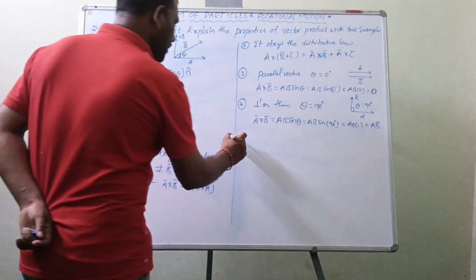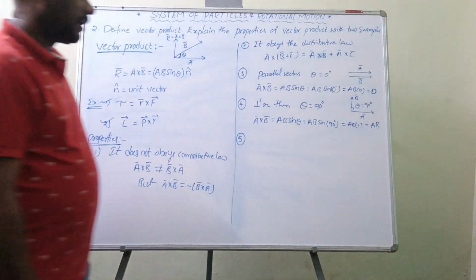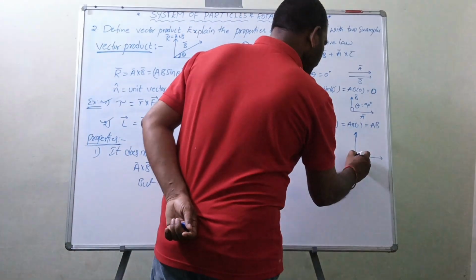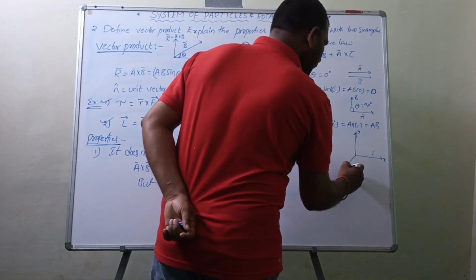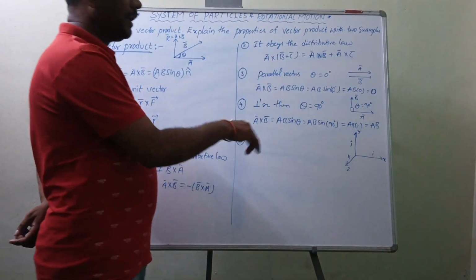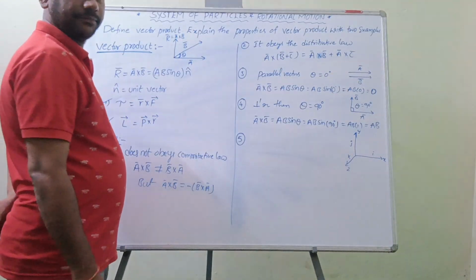And the last property, the fifth one. If vectors are mutually perpendicular, suppose we take the x, y, z axes with i, j and k cap. So if the three vectors are perpendicular, then it gives 1.